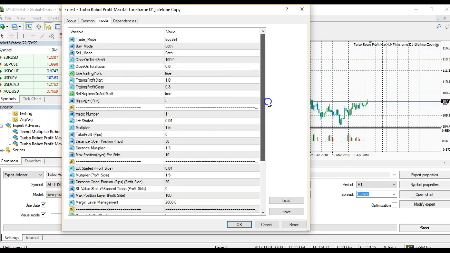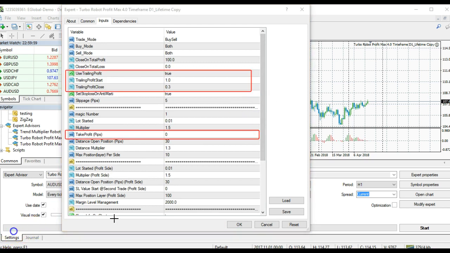This is our latest upgraded version. To locate that for Turbo Robot, here is our trailing profit, and we will discuss this, and also take profit. What is the difference on how to use it? We will show you and explain to you better.